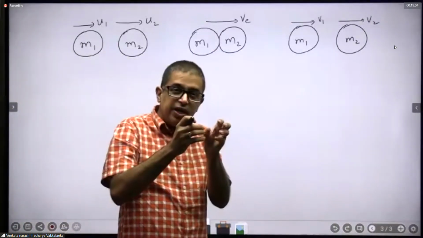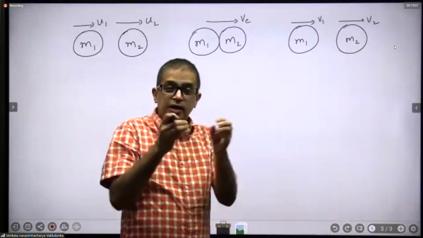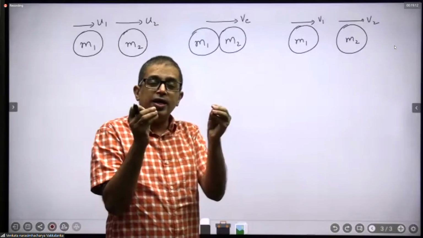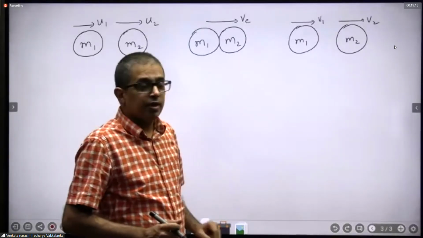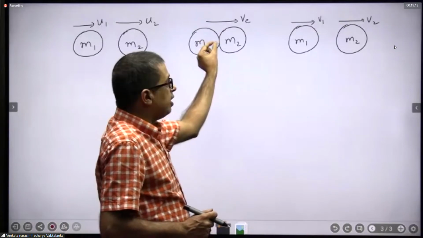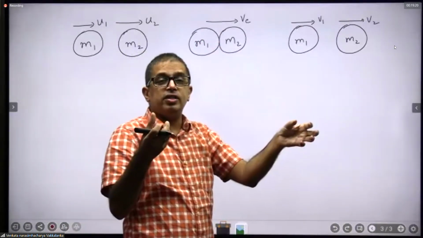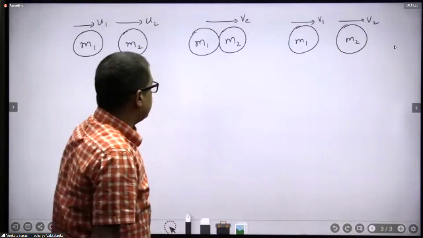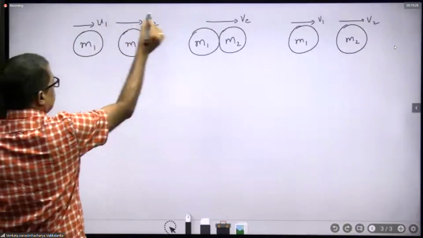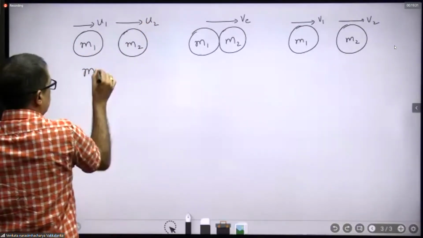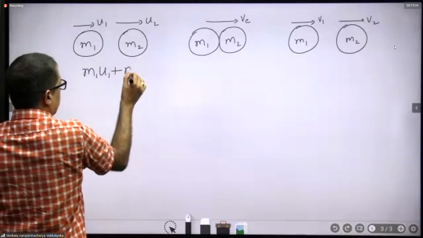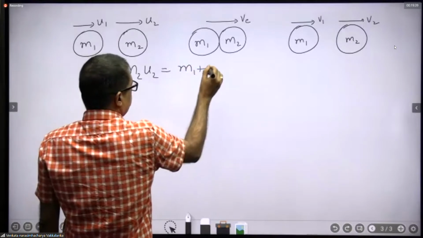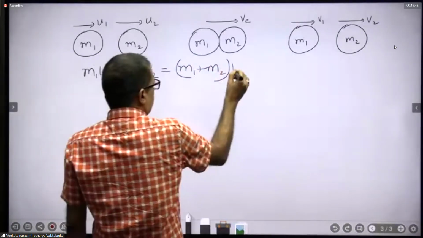First of all, what happened here? These two bodies impinged on each other, and there is a deformation. The body gets slightly deformed. Now, when they reform, when the bodies regain their original shape, they are moving with V1 and V2. Now, taking M1 and M2 as one system, you can write M1 U1 plus M2 U2 is equal to M1 plus M2 into V common.